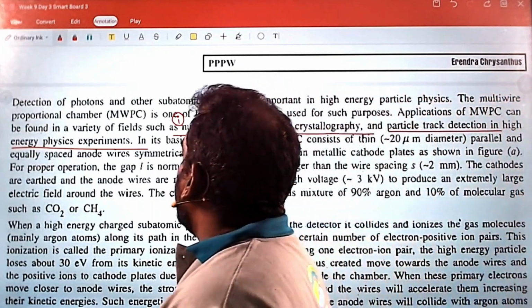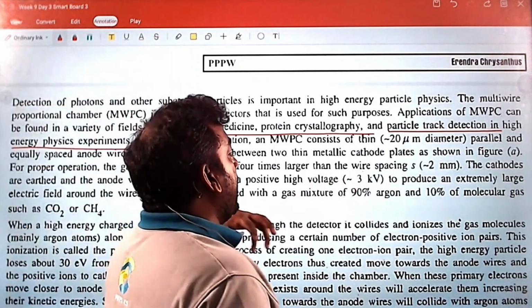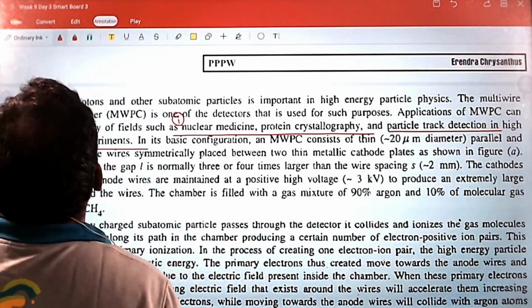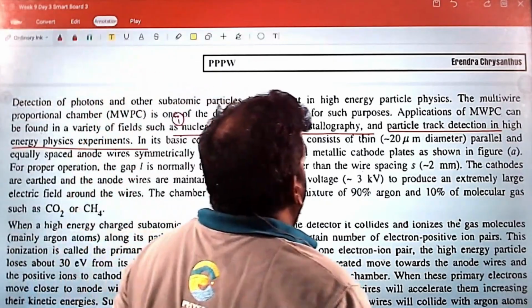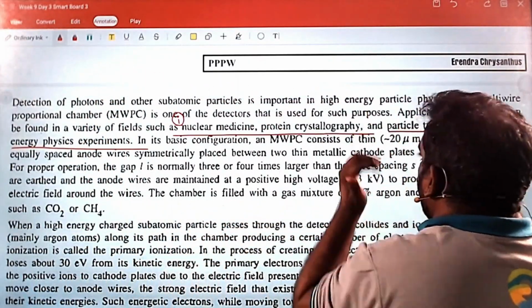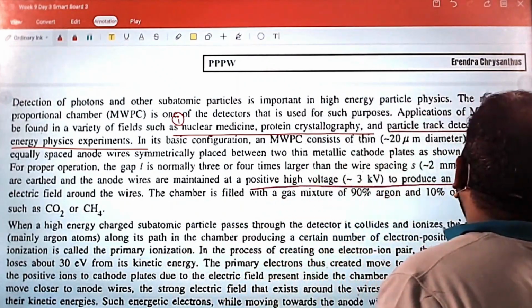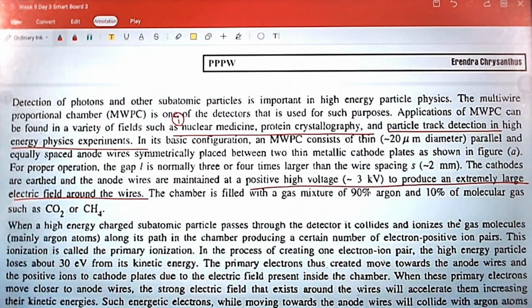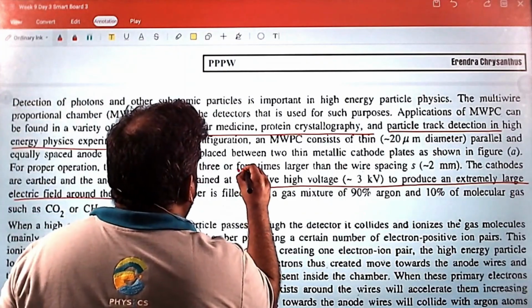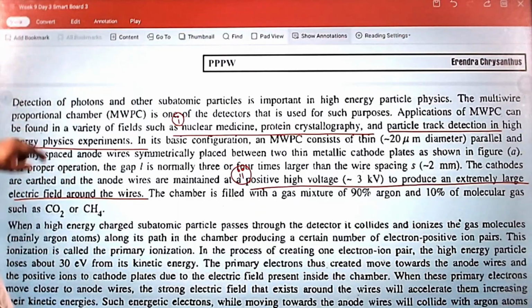So the anodes, they already told you, have very high potential. Very high potential means extremely large electric fields. So the answer for Roman 2: around the anodes, having extremely large electric fields.